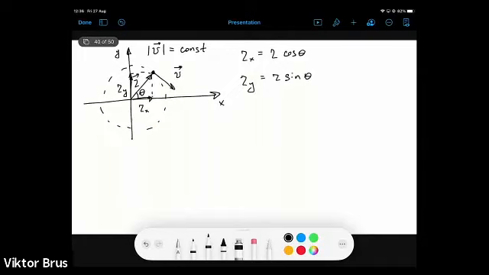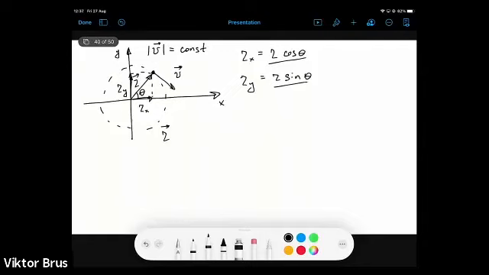Now let us define the radius vector in terms of its components, its projections on axes x and y. So we split this vector in two, like we did previously, it's convenient, and we can write the following.